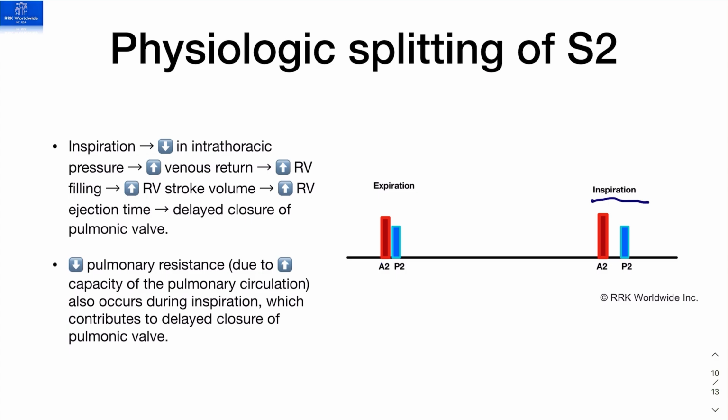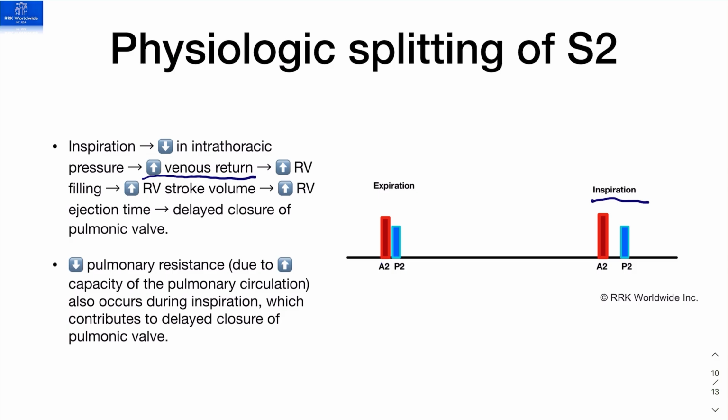So what happens during inspiration? During inspiration, when your chest expands and your ribcage expands because of the external intercostal muscles, this decreases the intrathoracic pressure or increases the negative pressure, which sucks up more blood into the right atrium and therefore increases the venous return. So inspiration increases the venous return, right?